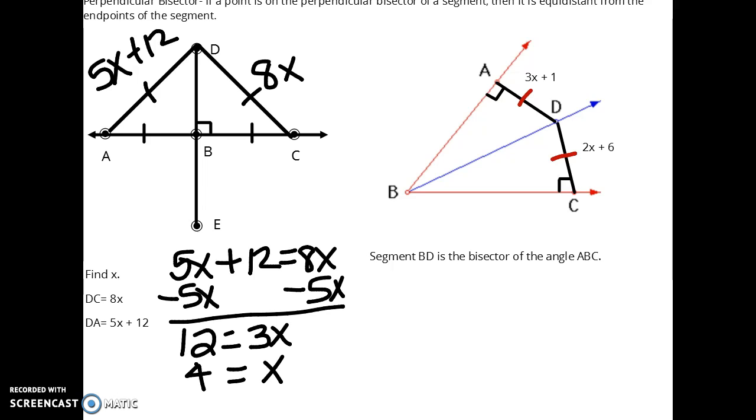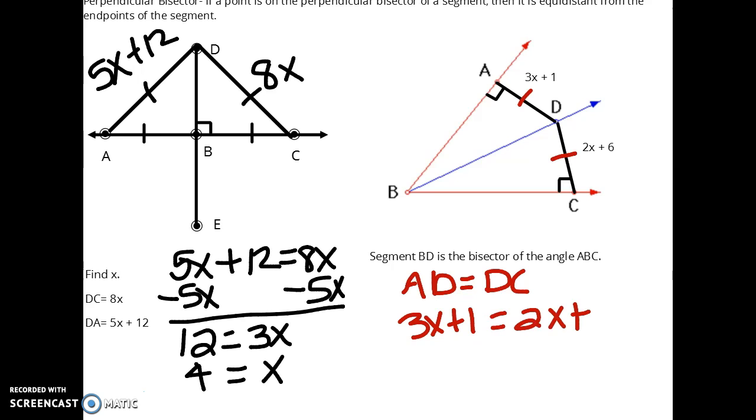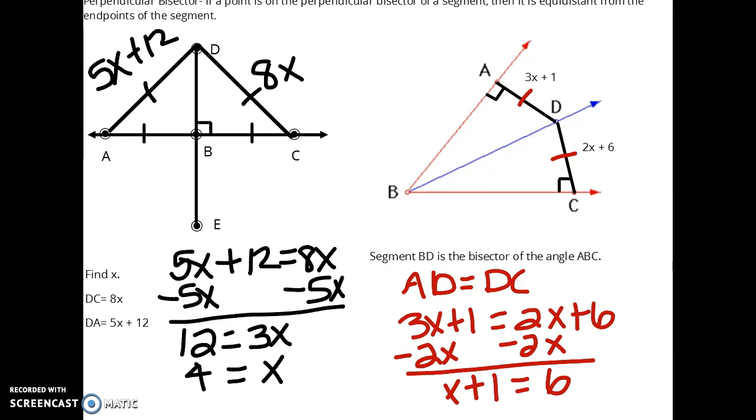Now, with that being said, we know that if AD is equal to DC, that means 3X plus 1 must be equal to 2X plus 6. We're going to solve for X. X equals 5.